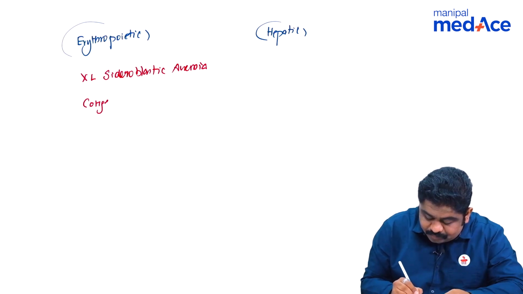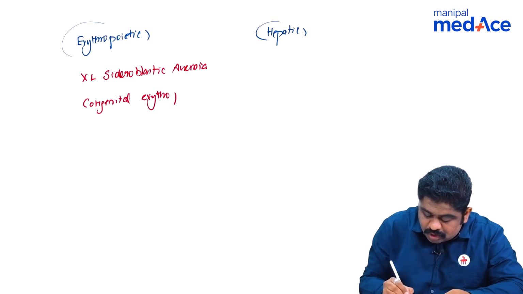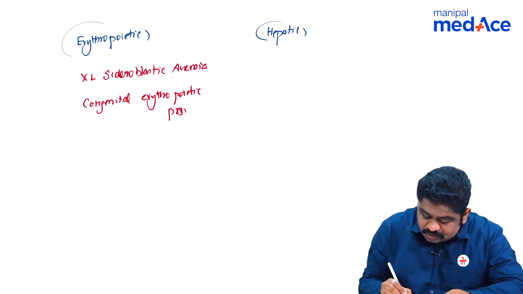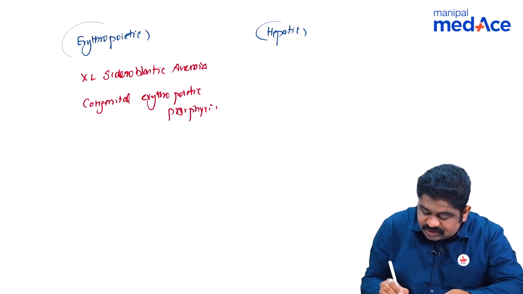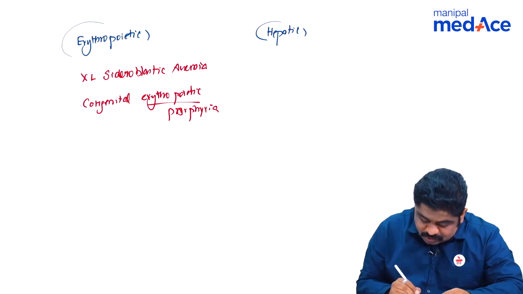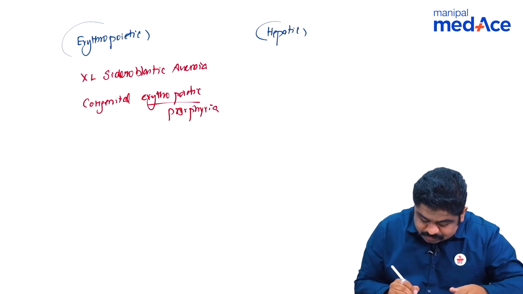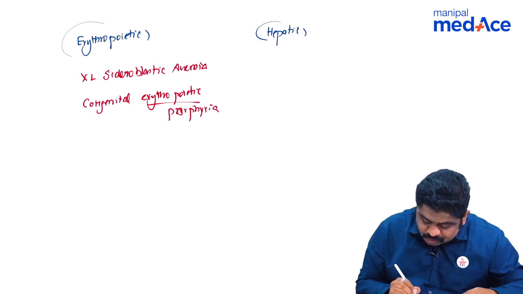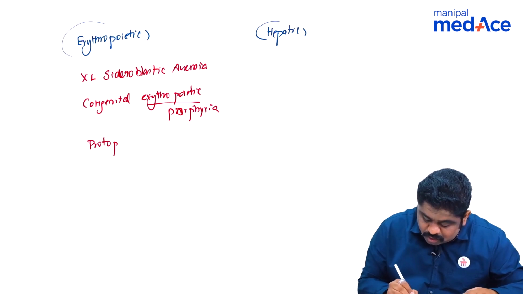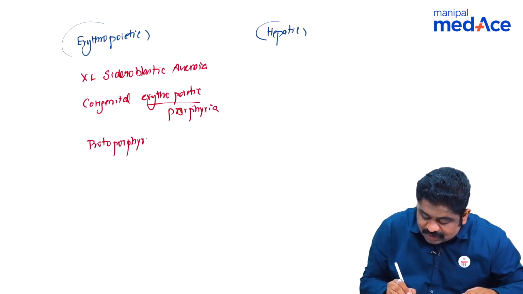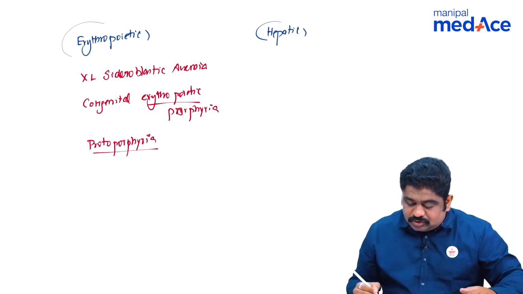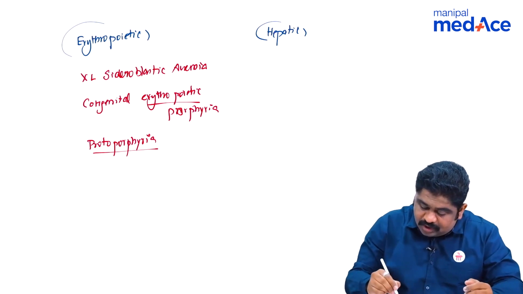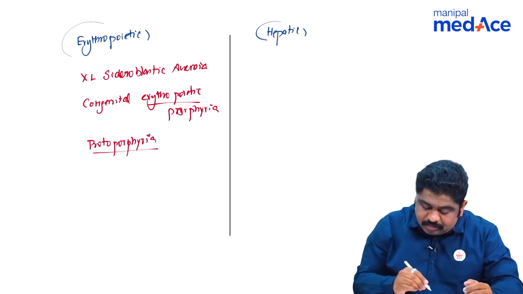Congenital erythropoietic porphyria, as the name suggests, is erythropoietic. Then protoporphyria, the last step porphyria, is also erythropoietic. Now the remaining can either be mixed or they can be hepatic.